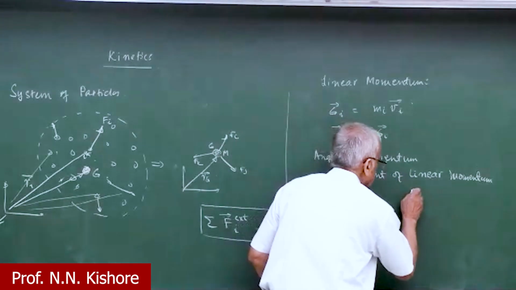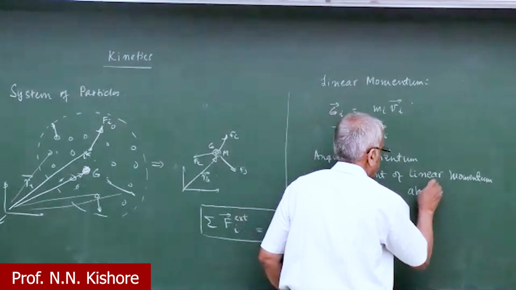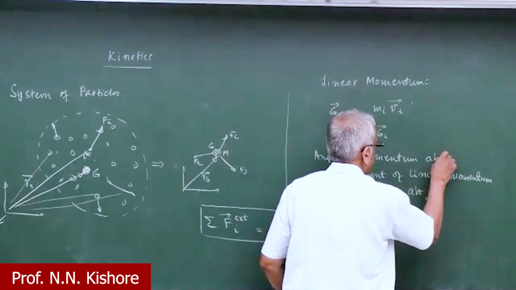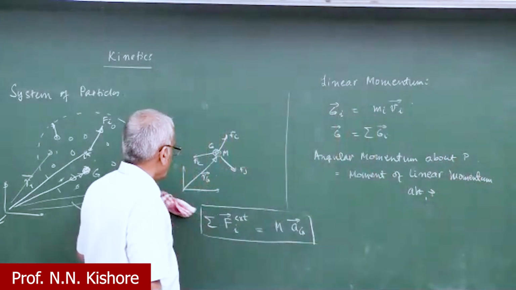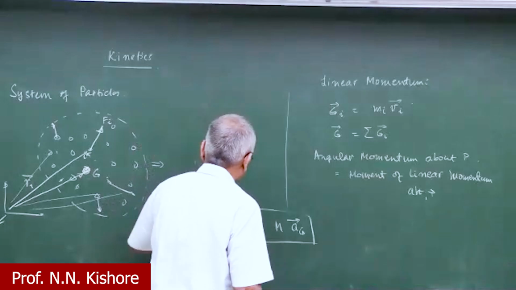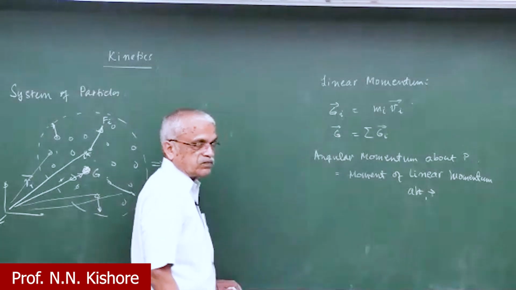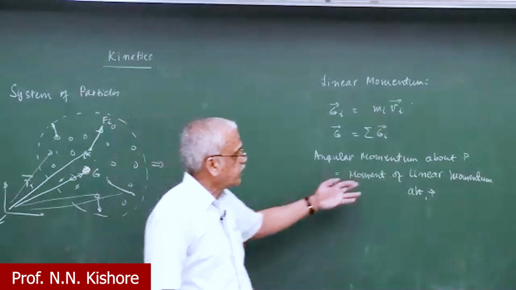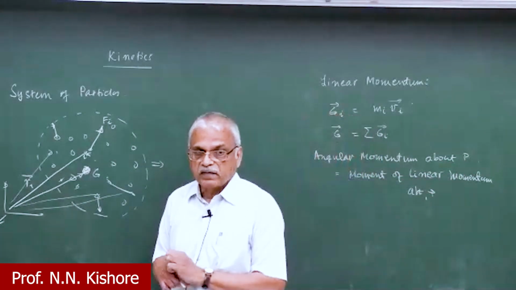If you have gi as the linear momentum and you want to take the moment about some point, let us say O, then it is nothing but taking the cross product Ri cross gi, and we take a summation for the whole system of particles.